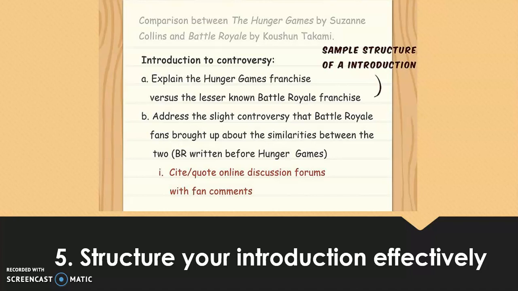Structure your introduction effectively. An essay introduction is fairly fixed and will have the same basic elements regardless of your subject matter or academic discipline. While it is short, it conveys a lot of information. The first sentence or two should be your hook, designed to grab your reader's attention and get them interested in reading your essay.